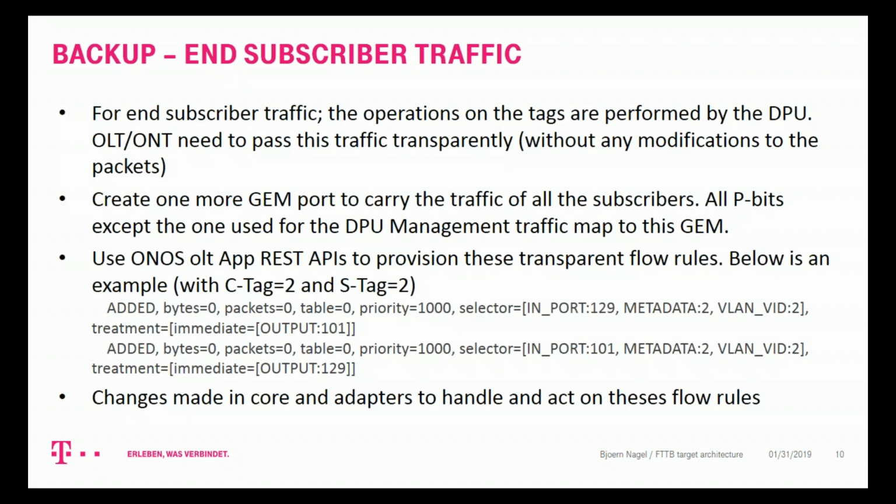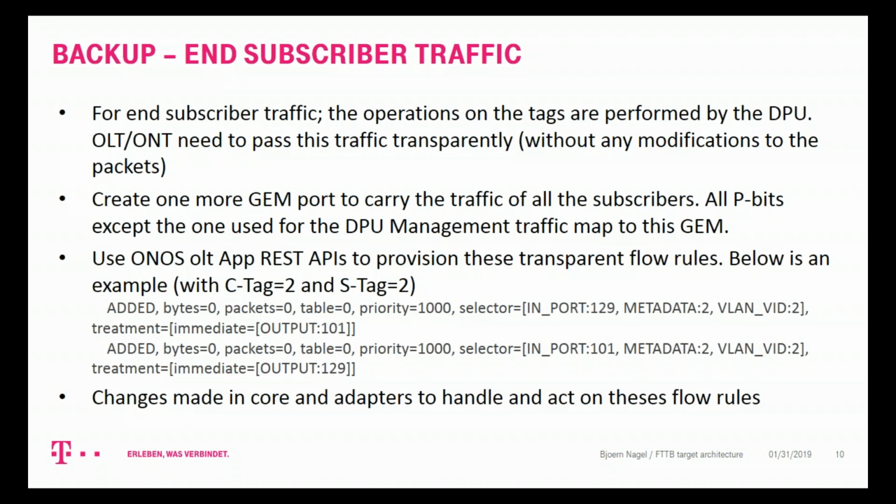But that's how we realize it today. And there's also an example for the flow rules which are addressed via the OLT app to provision on the PON part of the DPU.